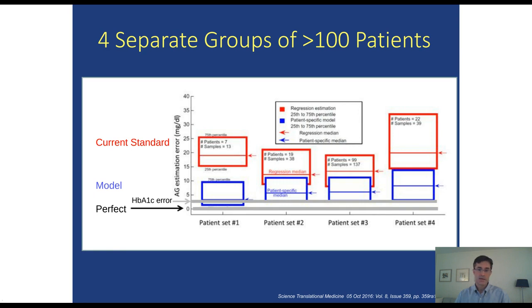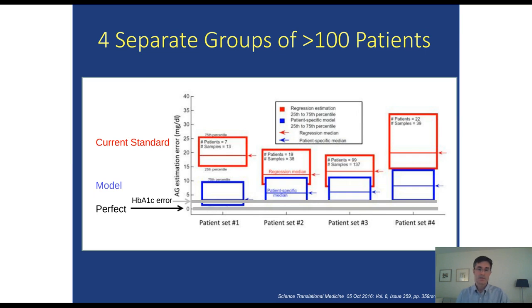So this method shows promise for helping us adjust for non-glycemic variation in A1c and producing more accurate estimates of glucose. There are other methods in development different from the one I've described here, and they are promising as well.